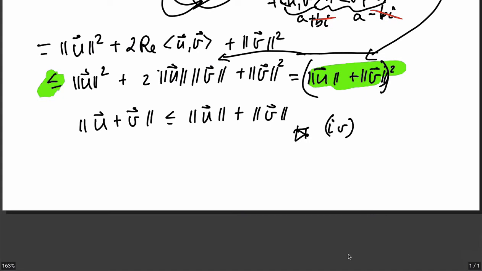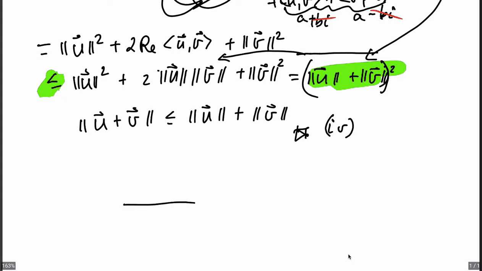So the reason why this is called the triangle inequality is because of the way we add together vectors. If we have a u vector here and then we put the initial point of the v vector at the terminal point of the u vector, then this vector here is u plus v. So we have a triangle formed by the two vectors u and v and their sum.